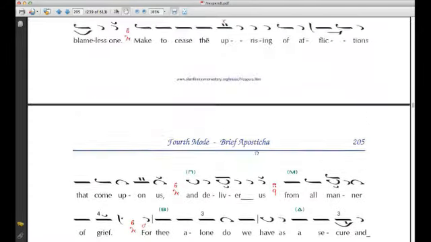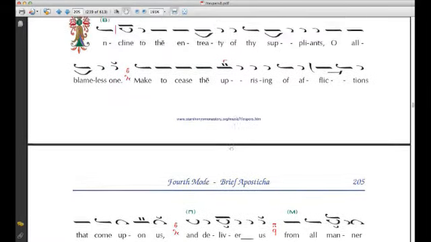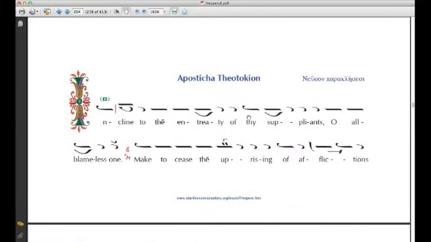And if you notice at the beginning, second line of the Theotokian, "make to cease the uprisings," I have to look into what you do there with the zo, because I've seen this in various locations. I'm not sure if it's zo flat or zo natural followed by zo flat, because it goes by very quickly.